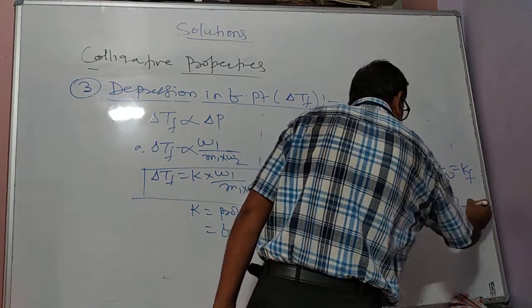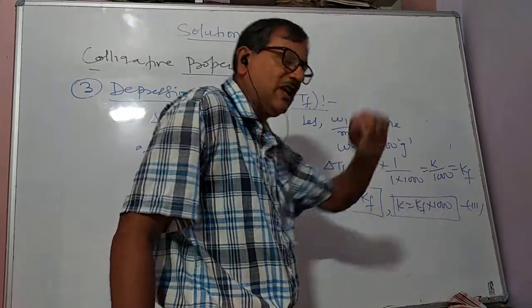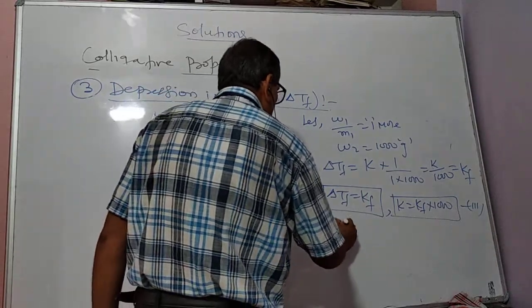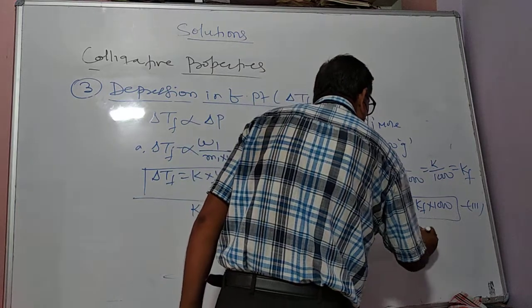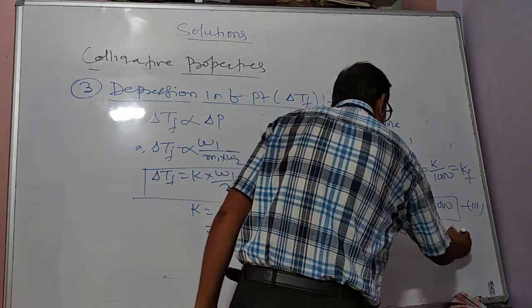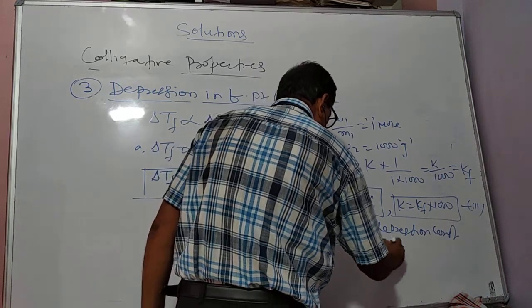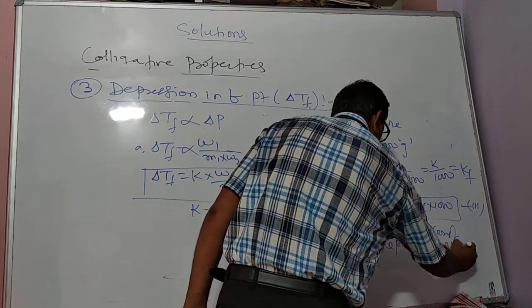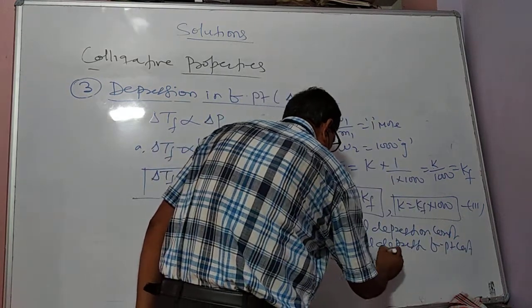Collectively we take these two as equation number 3, where Kf is known as the molar depression constant, or molar depression freezing point constant, or cryoscopic constant.